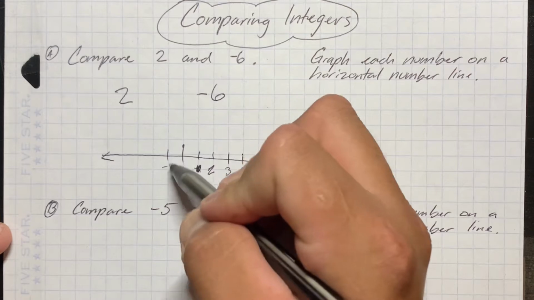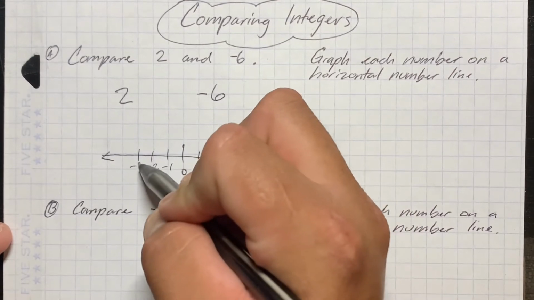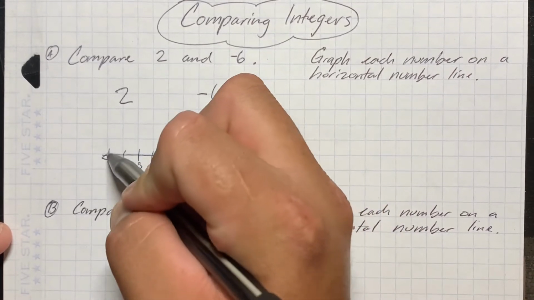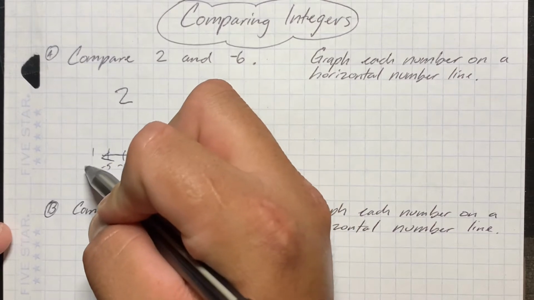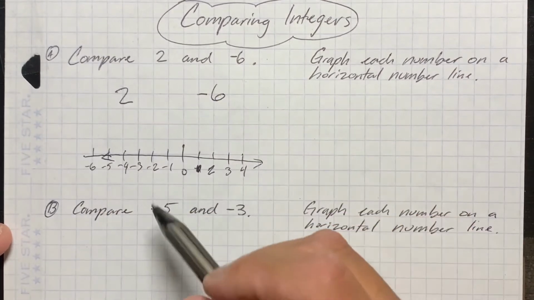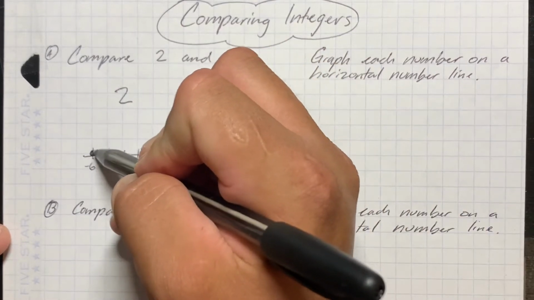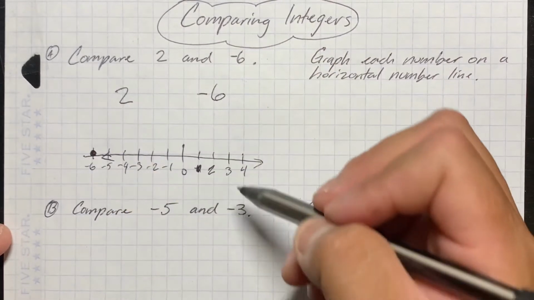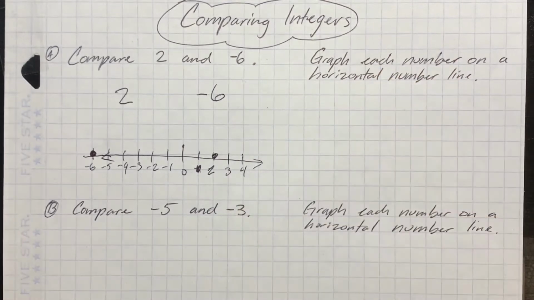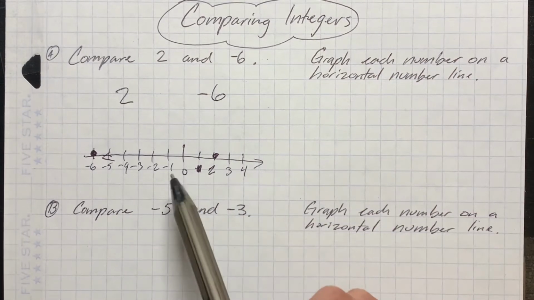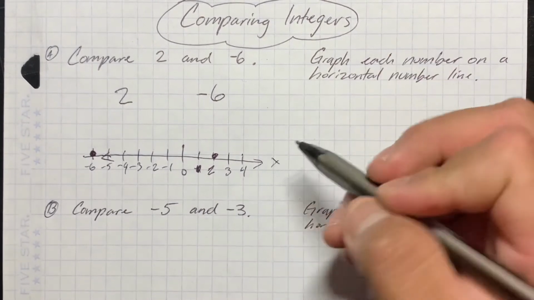Here we have -1, -2, -3, -4, -5, and -6. So right there's -6. If I graph -6, it will be over here, and +2 would be over here. Now I graph them on this x-axis, where the origin is here.